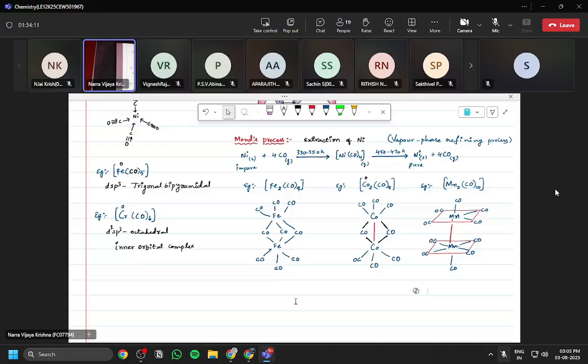If I take Ni(CO)4, nickel 28, 28 plus 8, 36. Nickel 28 plus 8, 36. Leave it. Iron 26 and plus 3 state, so 23, 23 plus 12, 35.